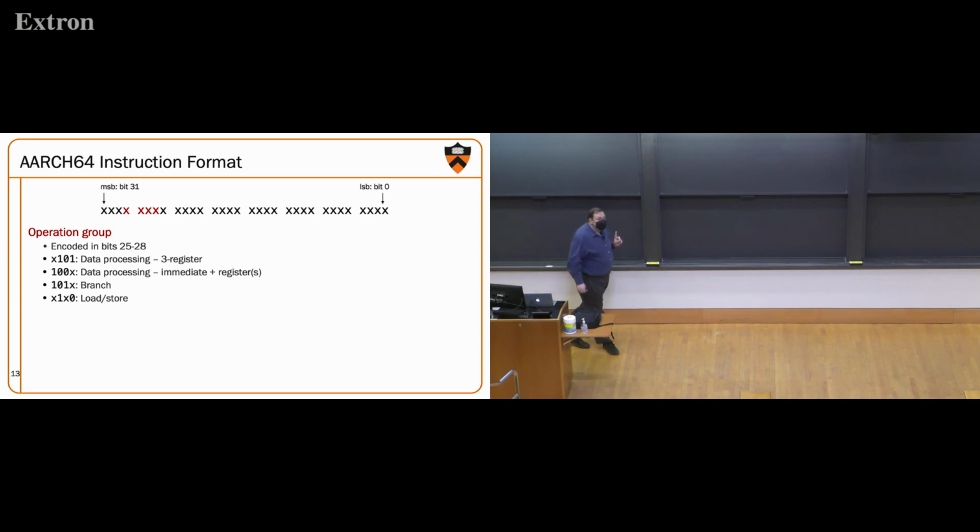We're going to look at branch instructions, both unconditional and conditional branch. And we're going to look at a bunch of load store instructions.